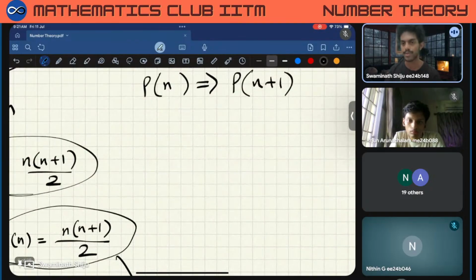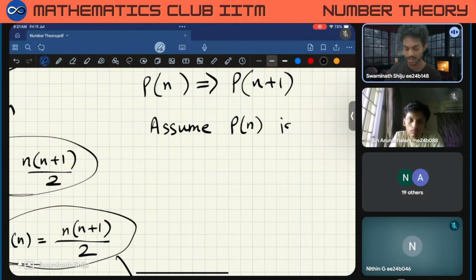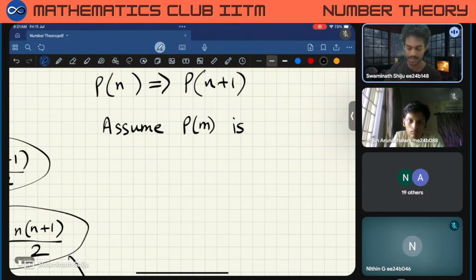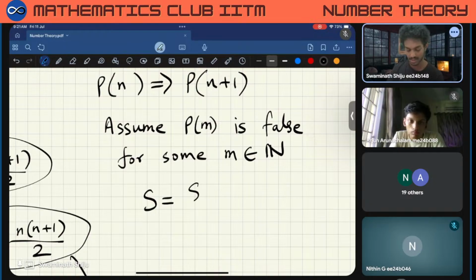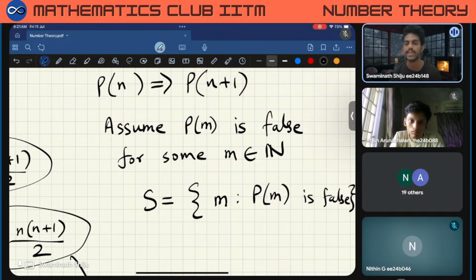Now assume, for contradiction, that Pm is false for some m belonging to the natural numbers. Now we can make a set of those, called S, the set of m such that P of m is false. From our assumption, we know this is non-empty.